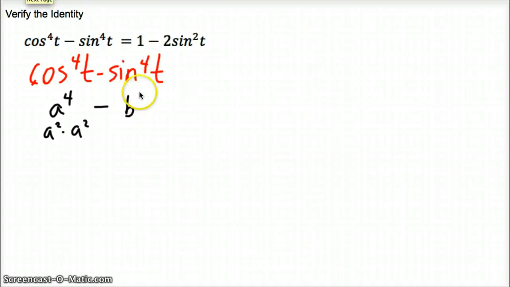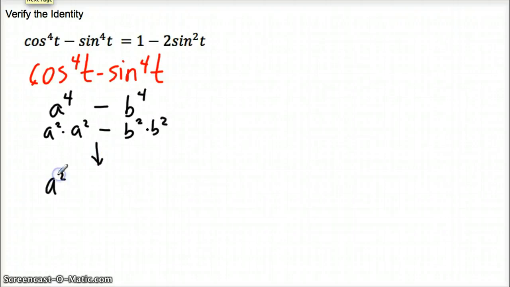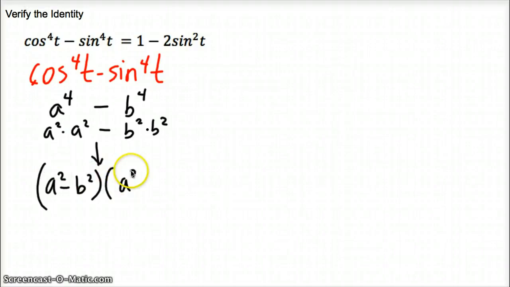And this is b to the fourth, which can be written as a perfect square, b squared times b squared. So we can factor these differences of two squares as a squared minus b squared times a squared plus b squared. It's essentially the square root of the original a to the fourth, b to the fourth.